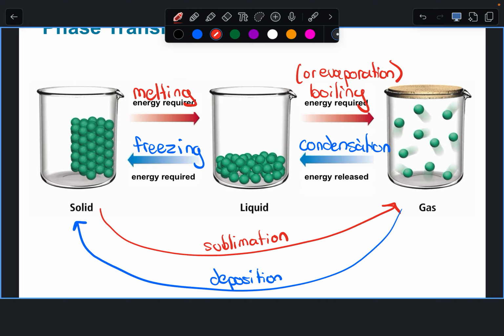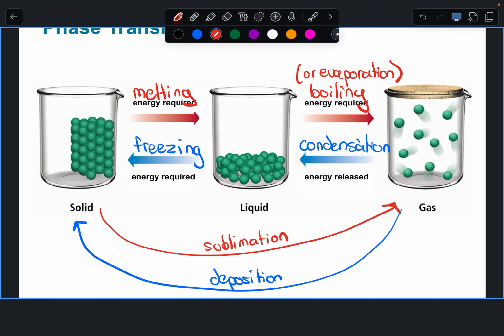It'll show you how some substances like CO2 don't actually even exist as a liquid at atmospheric conditions that we're used to. You would have to have it at really high pressures. So the phase transition that we're used to seeing with CO2 is sublimation. You have a chunk of dry ice and it turns directly into a gas as it's brought into warm conditions, and just bypasses that liquid phase.